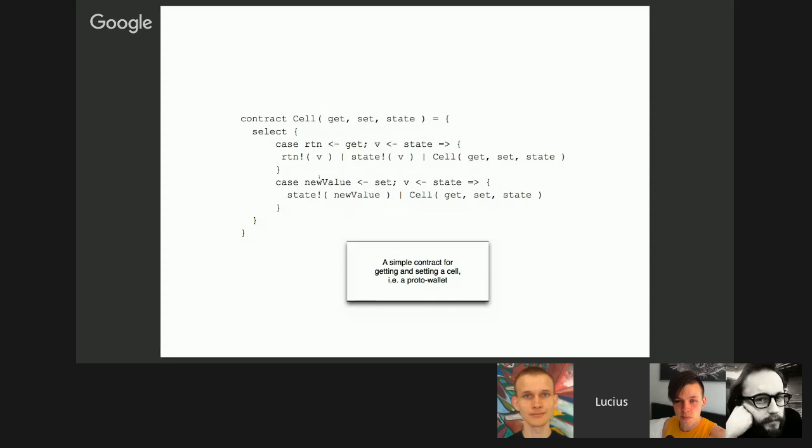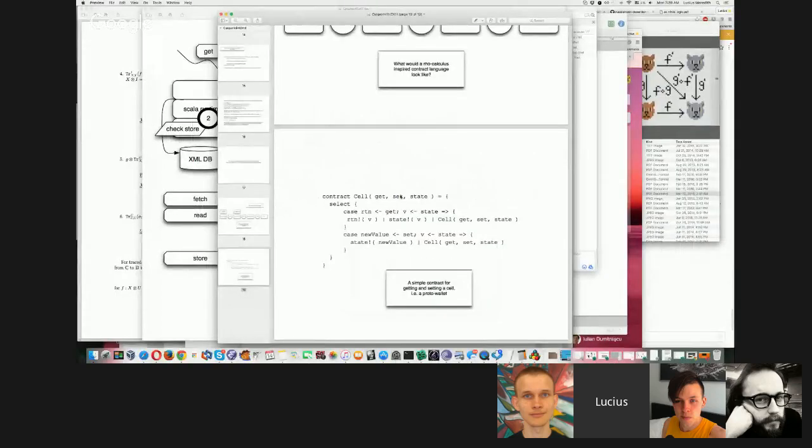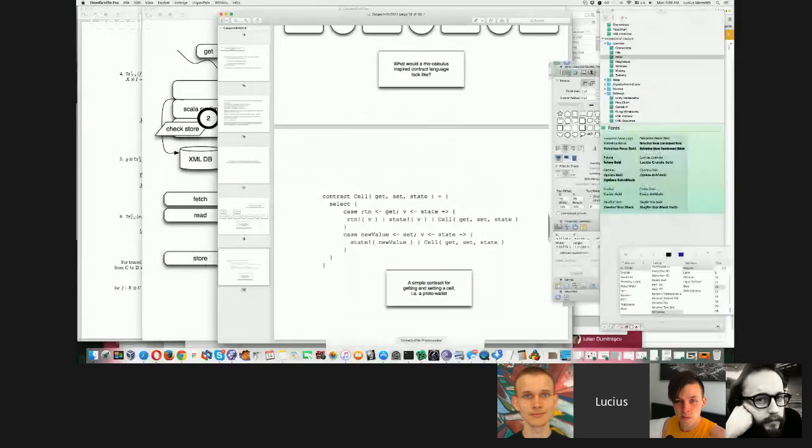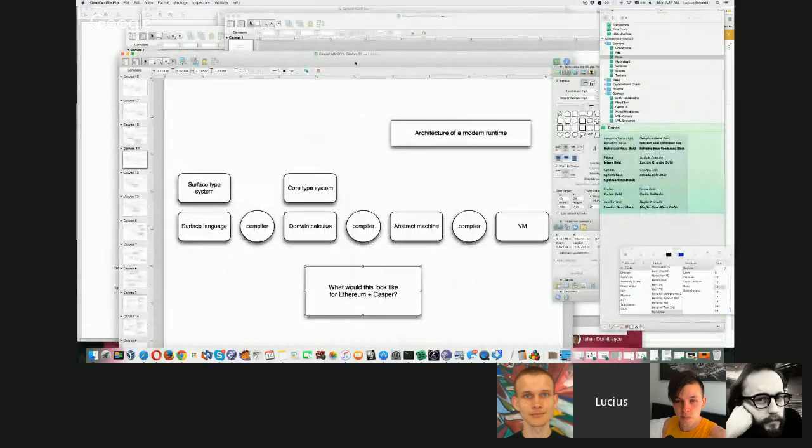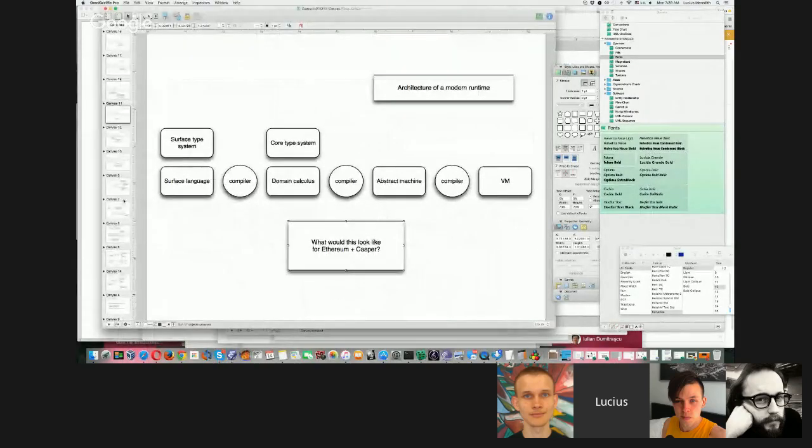It will safely execute a stream of gets and sets. And so it implements a very simple-minded notion of a wallet. Looks like I didn't update these, but I can go to here and give you the last couple of pages. This is still very much under construction.